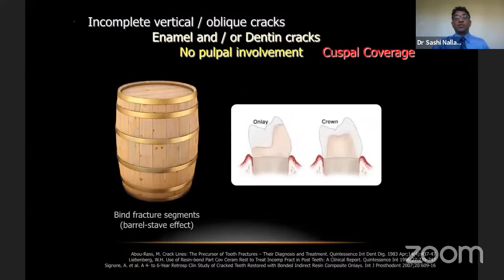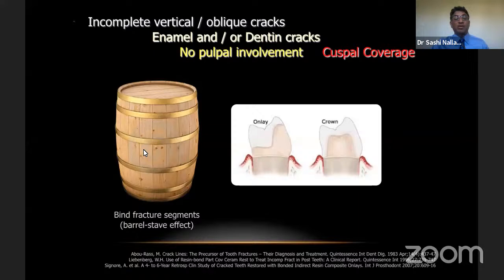our first case. When there is no pulpal involvement, obviously the idea here is a part of the tooth cracked but not involving the pulp. So you remove the part that is cracked, and then you place an onlay or a crown. The idea here is to bind the fracture segments, the barrel stave effect, as they call it.